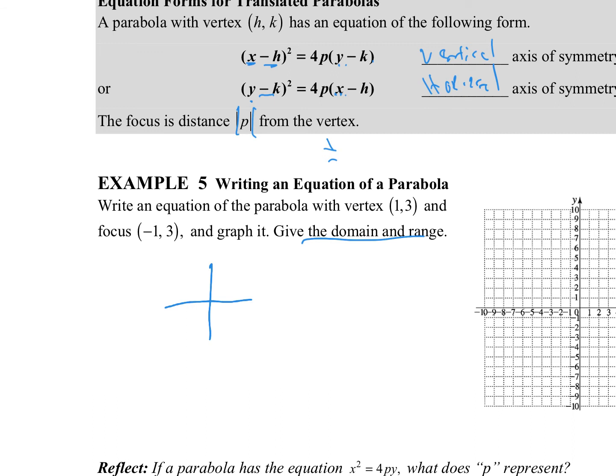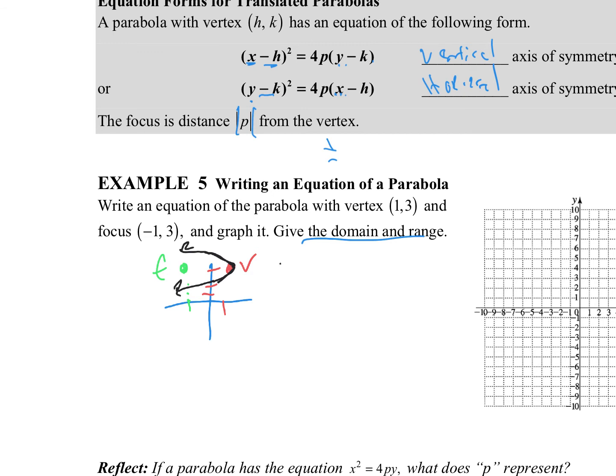The vertex is at 1, 3. And the focus is at negative 1, 3. Focus and vertex. So what does that tell me? It tells me it opens to the left. That's the only way I'm going to be able to eat that focus point, okay?